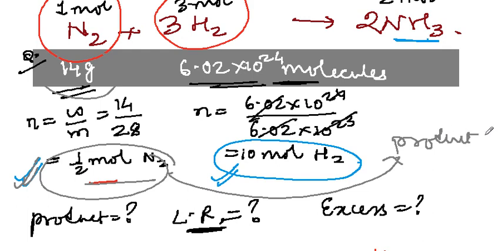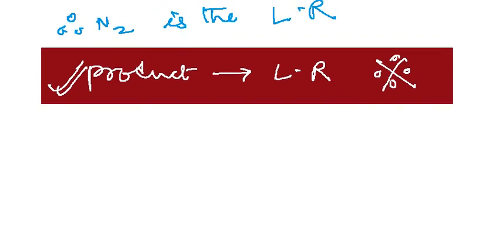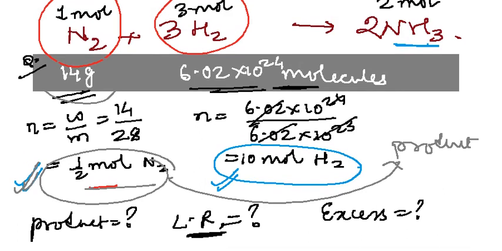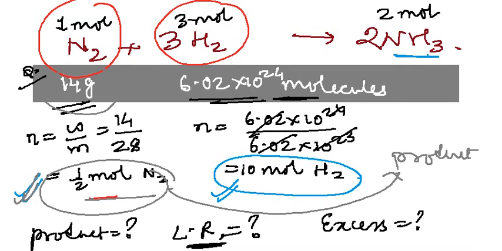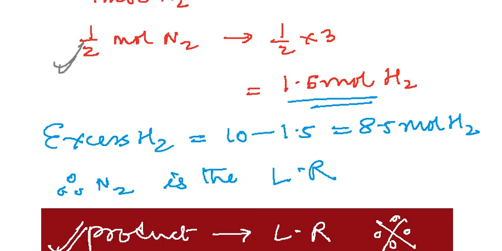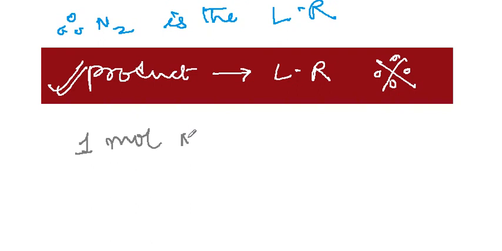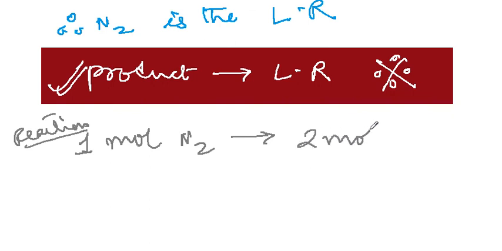So as per the equation, we have 1 mole of nitrogen that gives us 2 mole of ammonia. As per the reaction, 1 mole of nitrogen can be used to produce 2 mole of ammonia.